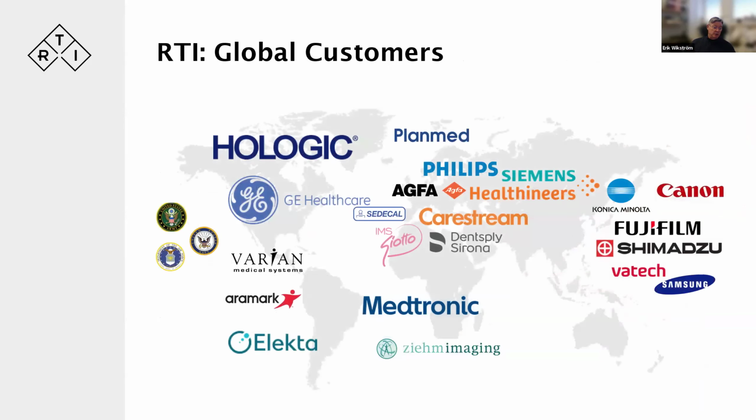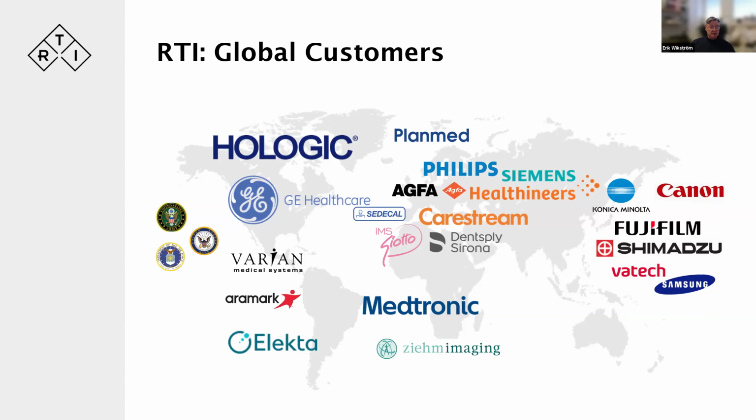Global customers, of course, we're working closely with the larger manufacturers to ensure that our systems work as they should in those environments. So we have close relationships with GE, with Hologic, very close. I mean, their service engineers in the US are all using RTI tools. And that tells us at least that it's a good sign of quality.